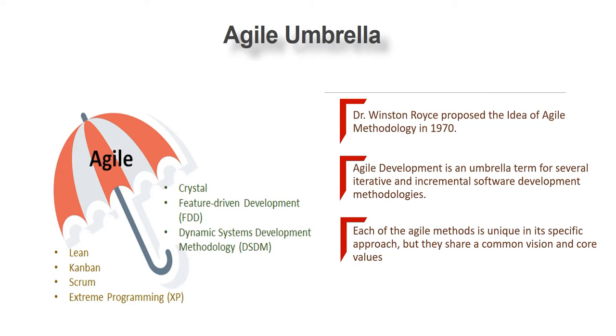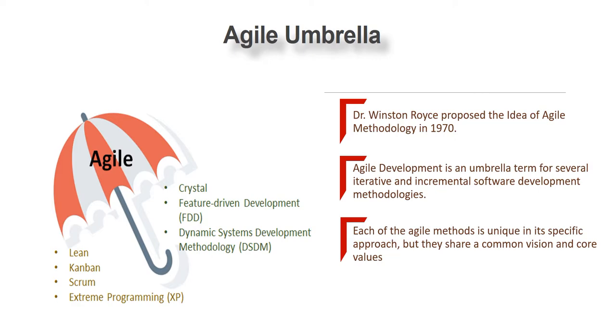So this is some information about the frameworks. As you can see on the right hand side, it was actually proposed in the 70s, and as I mentioned earlier in my presentation, it has been in existence for a long time, but it is in the last 10 to 15 years that we have seen it gain prominence in the IT industry.